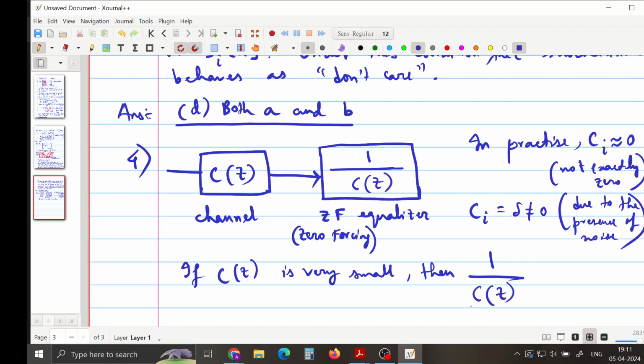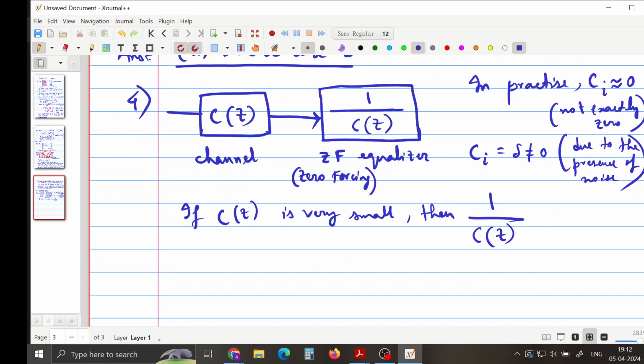Therefore, even a small noise will be boosted up significantly, because if you take the reciprocal of a very small number, let's say 0.001, it becomes 100, right? So this becomes very large.